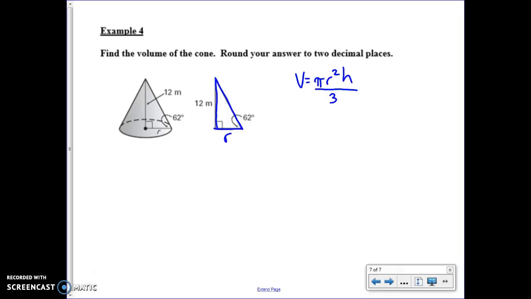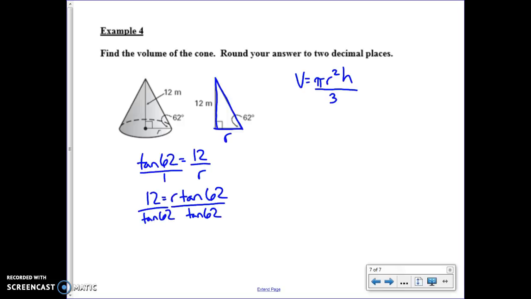So I have opposite is 12, adjacent is r, so that would be tangent of 62 is equal to opposite over adjacent. And I'm going to cross multiply. So I get 12 is equal to r times the tangent of 62. Divide by the tangent of 62. So 12 divided by the tangent of 62, r is approximately 6.38.